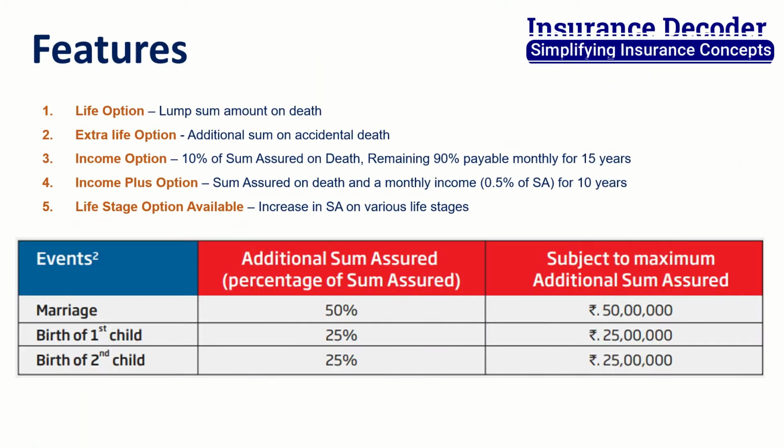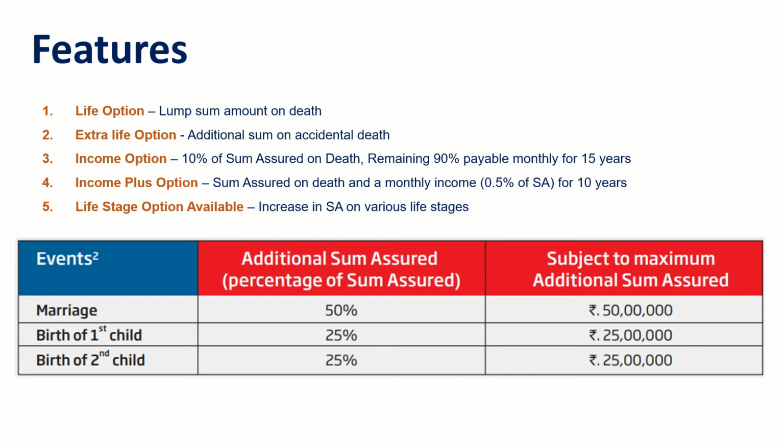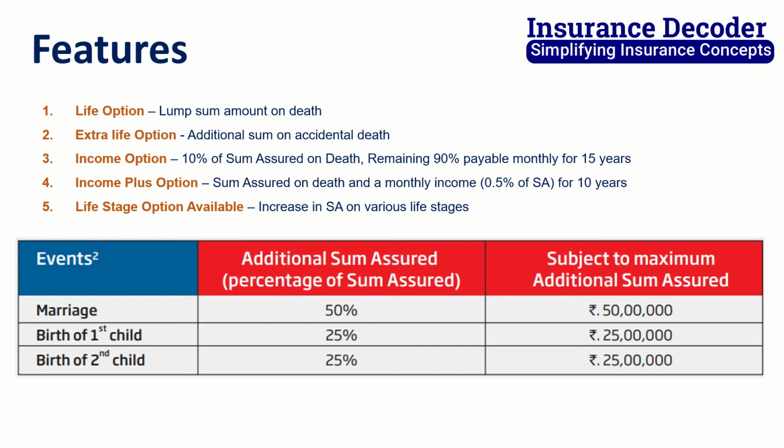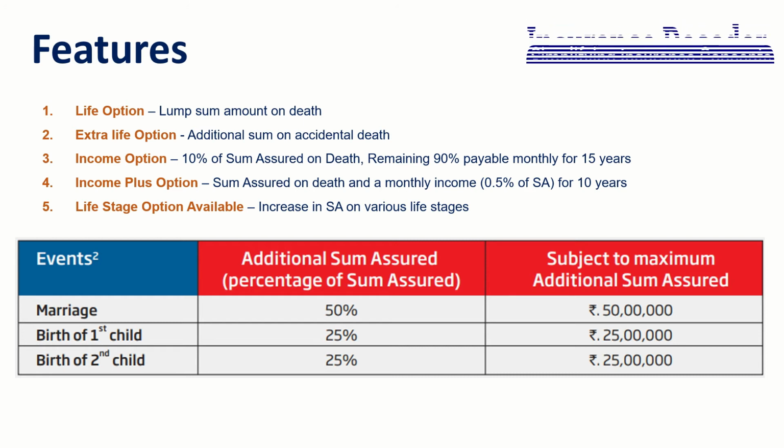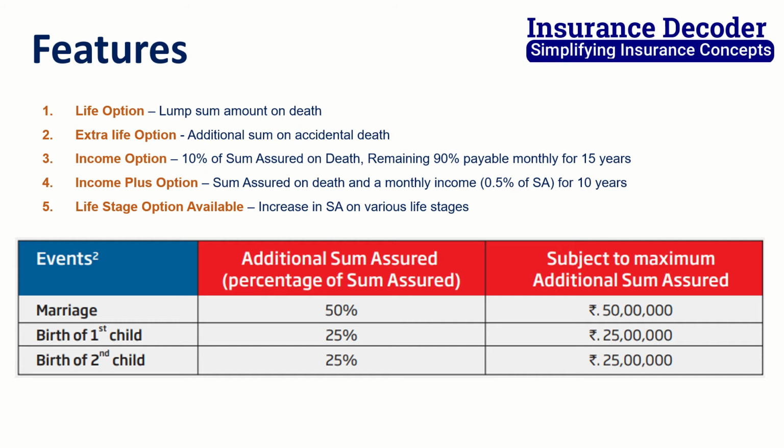So how it will work, they have given that if you marry, then an additional sum assured of 50% will be given to you, subject to a maximum additional sum assured of 50 lakh. So if you have taken a term plan of 1 crore, then you will be given an additional sum assured of 50 lakh on marriage.